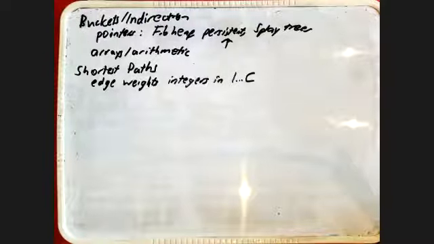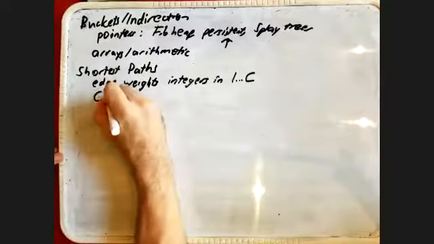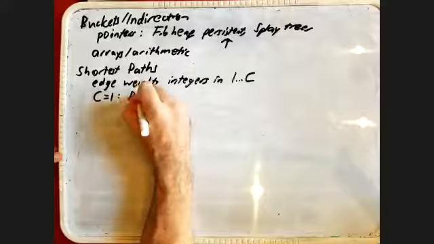What was that? If the edge weights are all 1, that's a great way to start for intuition. So what do we do to find shortest paths when the edge weights are all 1? It's BFS, right? We no longer have to distinguish edges. We just need to know what's connected. So if c equals 1, then we can use BFS.